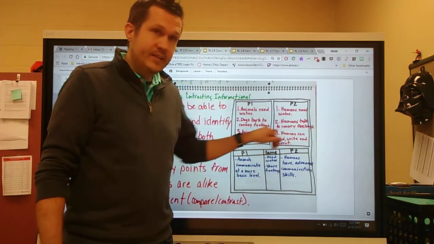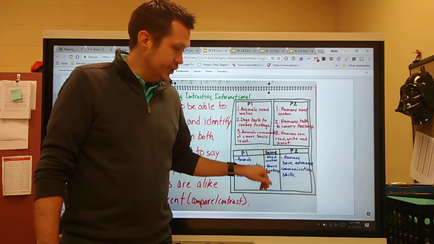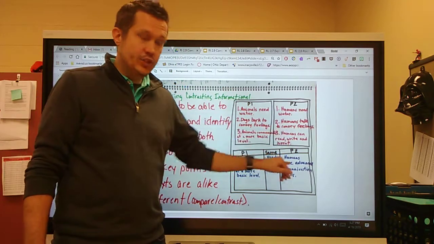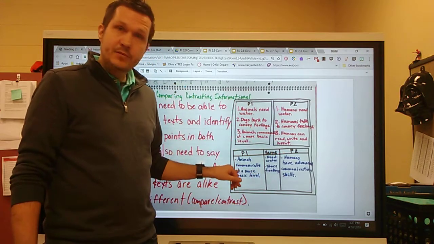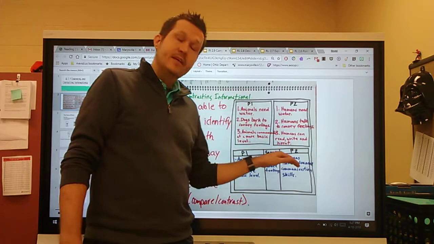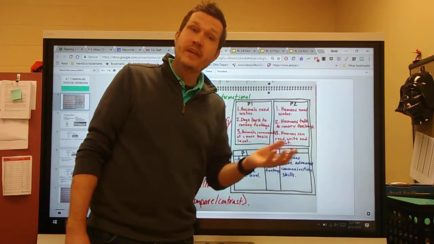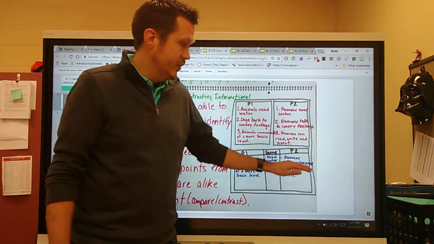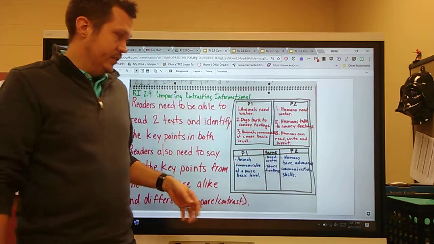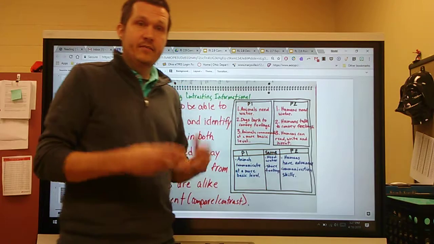So what they have in common is that they share feelings and they need water. Passage 1 has the animals communicating at a basic level, and passage 2 has the humans communicating at a more advanced level. So this is what's called comparing and contrasting. In the middle is where you say they're alike, and contrast is what they have differently.